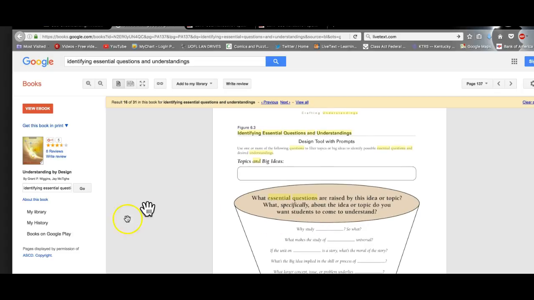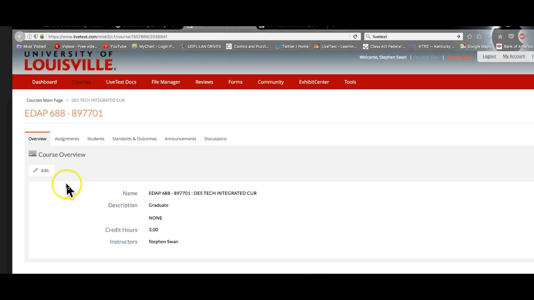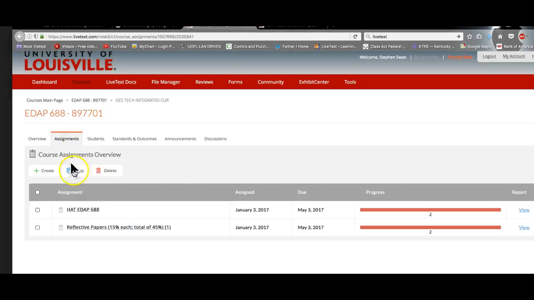So let's then take a look at what the assignment looks like over in LiveTech. Now, if you haven't been in here already, the first thing you'll notice when you look at assignments is there's only two. But the reflective papers is where the heavy lifting, frankly, begins.